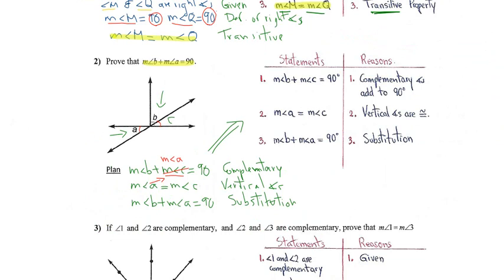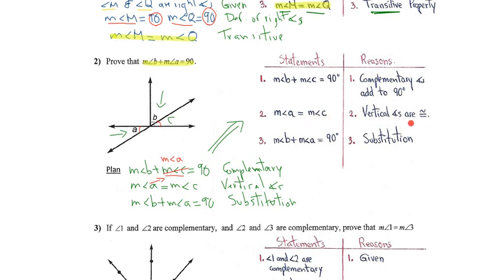So I started by saying the measure of angle B plus the measure of angle C is equal to 90 degrees, which we can conclude from the diagram, and because they're complementary angles. And then the second thing that I wrote, the measure of angle A is equal to the measure of angle C because they are vertical angles.